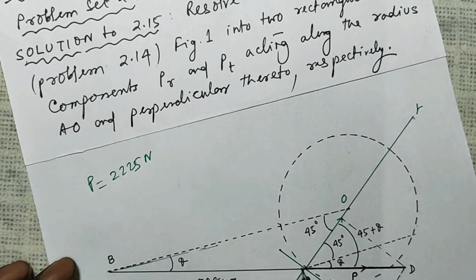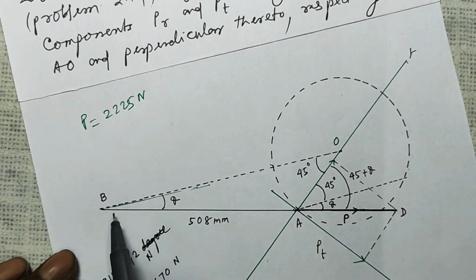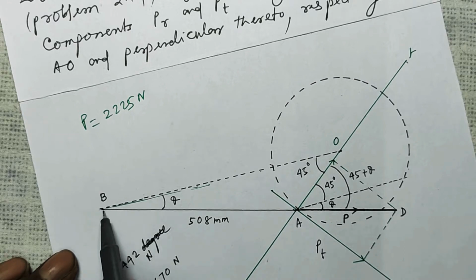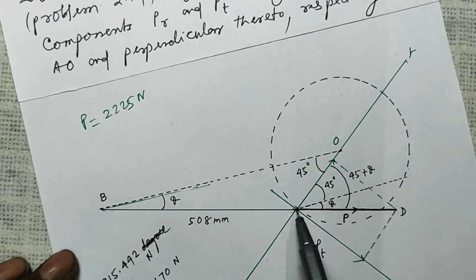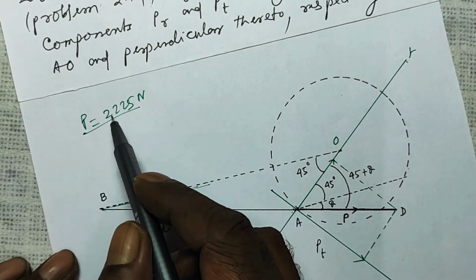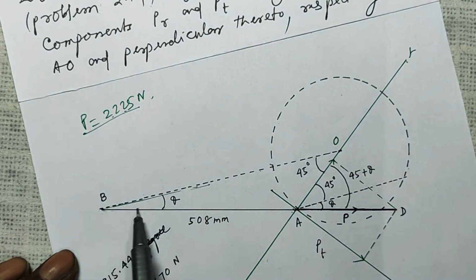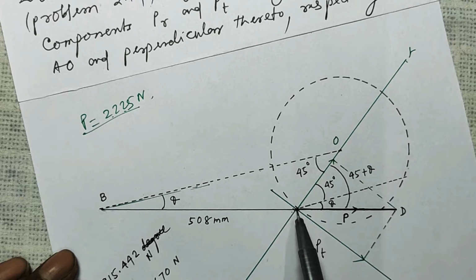At this position, the force that the connecting rod applies on the crank pin was given in the previous video. At point A, the crank pin, the connecting rod was applying a force P equal to 225 Newton along AD.